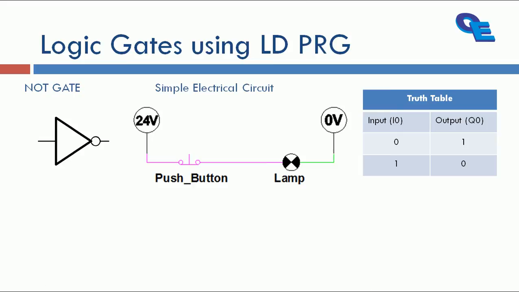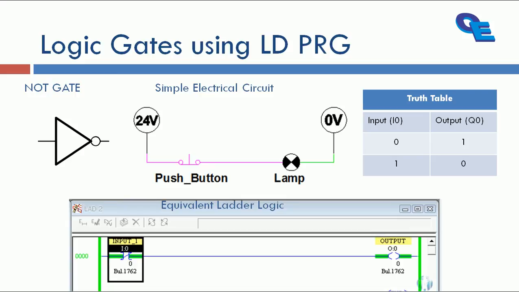Here we have taken one normally close push button. You can say it as a stop button also. Along with that, we have taken one lamp and we have used one DC source here, 24 volt and 0 volt. Now what will be the equivalent ladder diagram for this? This will be the equivalent ladder diagram.